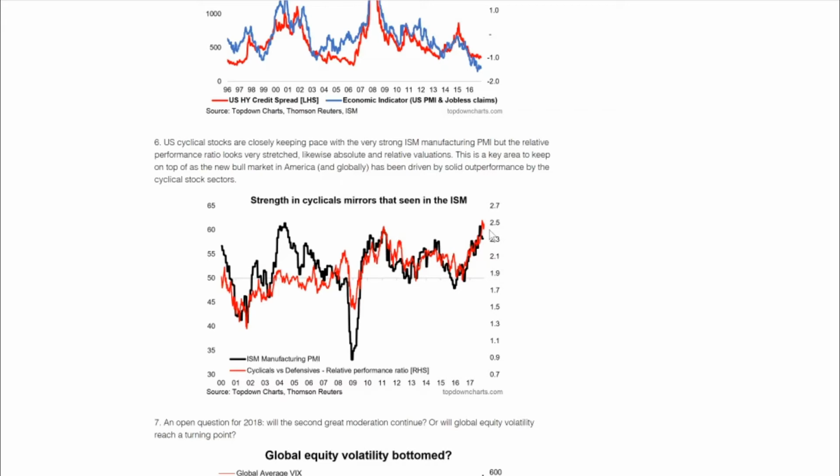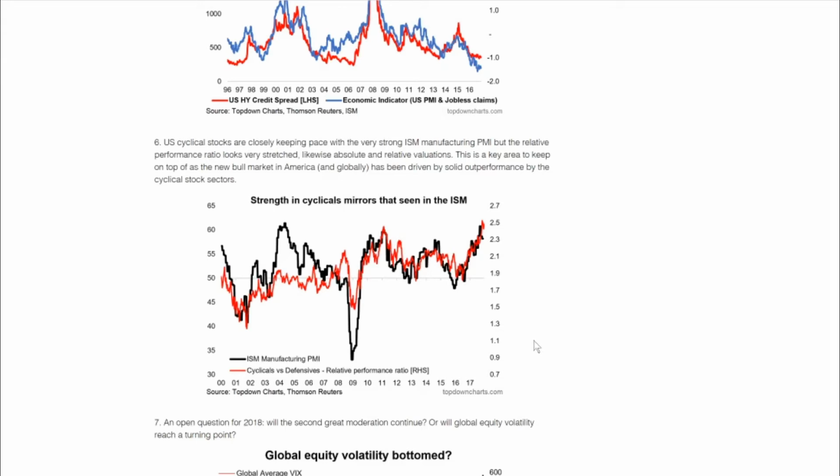Given the fact that it's this relative performance by cyclicals that has been driving the new bull market, it really is one that we need to be paying close attention to, because should those roll over, should cracks start to appear in the cyclicals, that could be the thing that does drive the much awaited or the much feared correction that has never come so far.